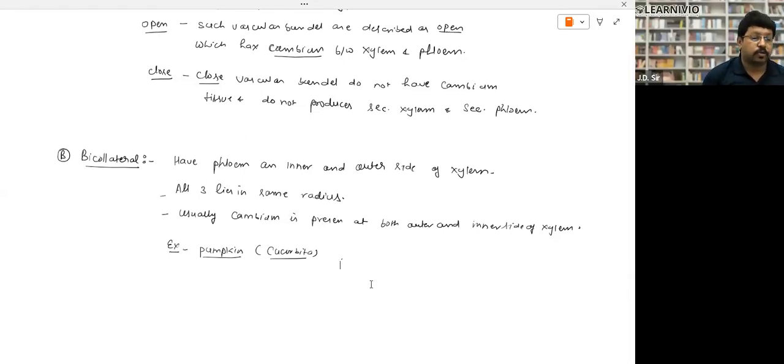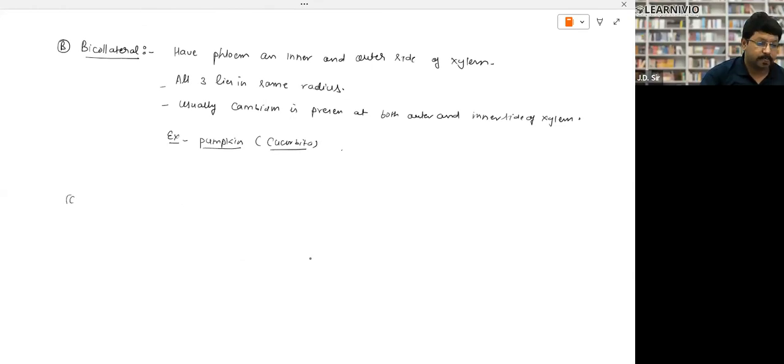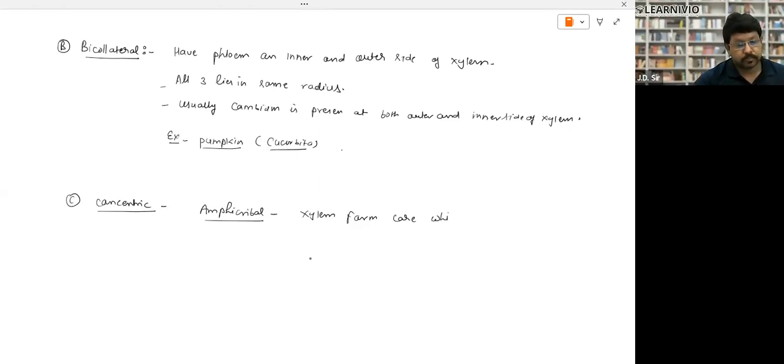Then come to the concentric vascular bundle, the third category, C. In a concentric bundle, they may be of two types. Amphicribal: where xylem forms the center while phloem surrounds it.